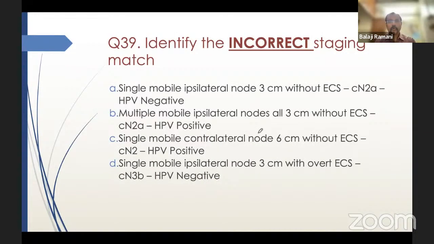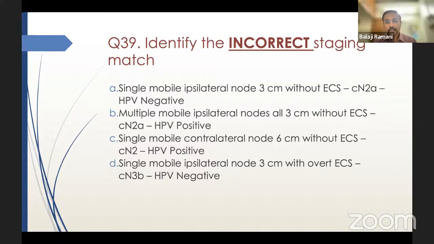Right. Now going on to incorrect staging, which is the incorrect match. We yesterday discussed this tumor staging. Okay, so now tell me which is the incorrect match here. Single mobile ipsilateral node 3 cm without extracapsular extension is N2A in HPV negative. Multiple mobile ipsilateral nodes, all 3 centimeters without extracapsular extension, is N2A in HPV positive.